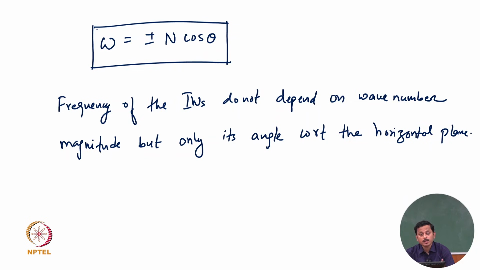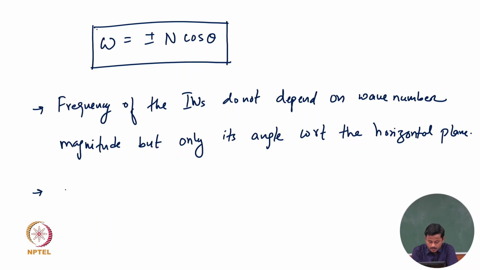So we don't need the magnitude of the wave number, only its angle with the horizontal plane, that is its direction of propagation with respect to the horizontal. So this also means the above equation, omega equal to N cos theta.